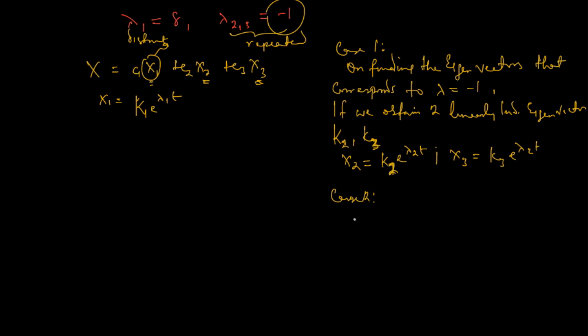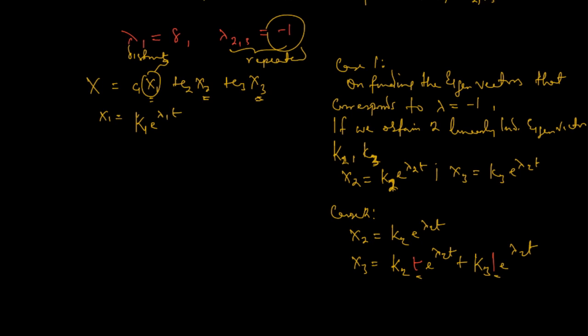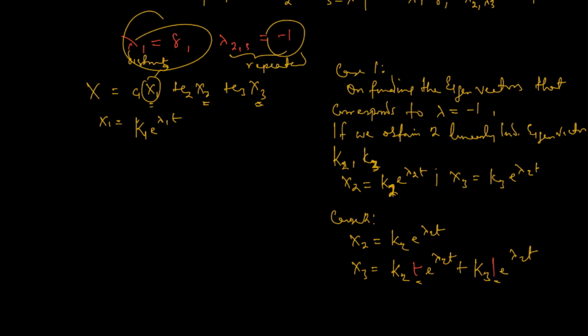For that case, we would still have our x2 to be k2 e to the power lambda 2t, but then our x3 is going to be the k2 that we have here times t e to the power lambda 2t plus k3 times e to the power lambda 2t. I decided to write this so that you observe a trend here. Anyway, let's go ahead and see the form of the eigenvector we are going to obtain. So let's start with the simple one, which is for lambda 1 equals 8.